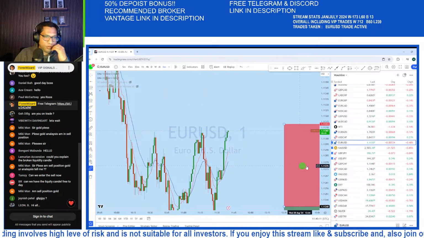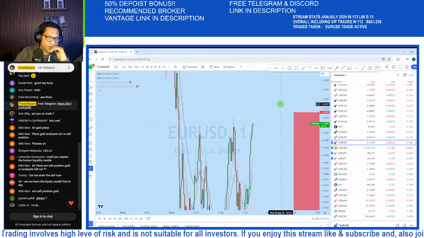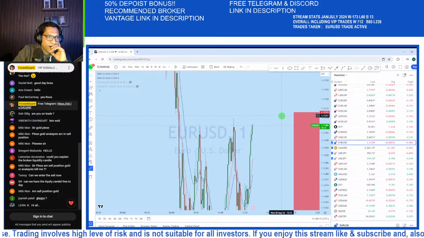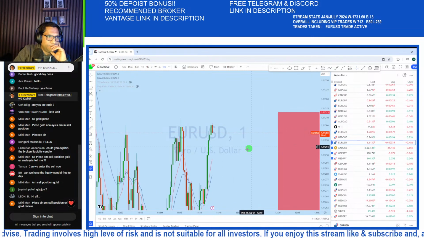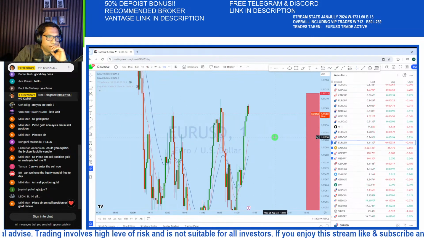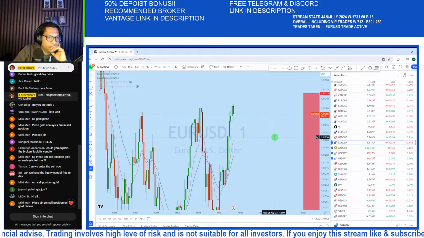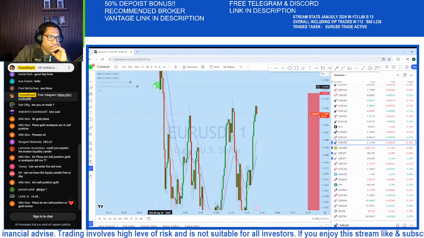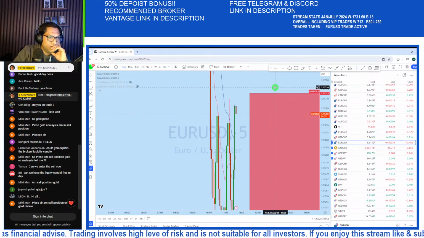Sometimes for 1 pip we get that trade done, but here it might break this high. So you're almost nearing the edge.